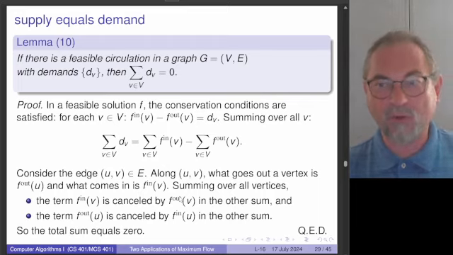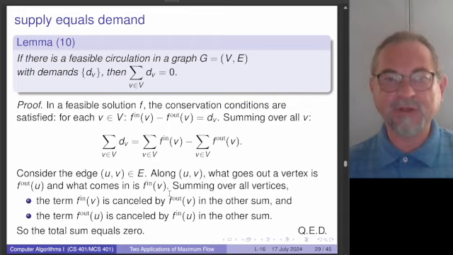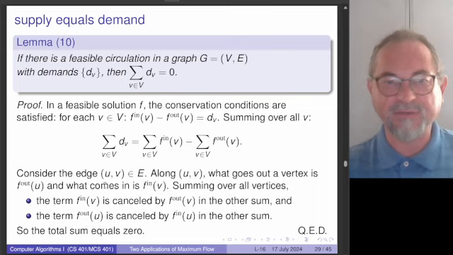If we look at any edge with U and V, then what goes out of the vertex U is f out of U, and then we have f in of V. So we actually see that we have a cancellation. What comes in cancels with what goes out in the other sum. So we are summing here over the vertices that are contained in this edge.